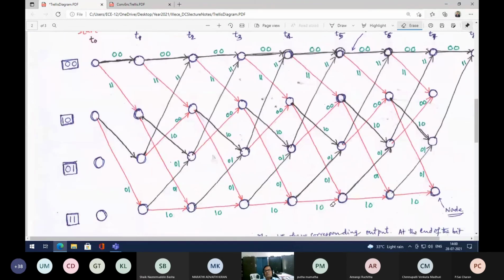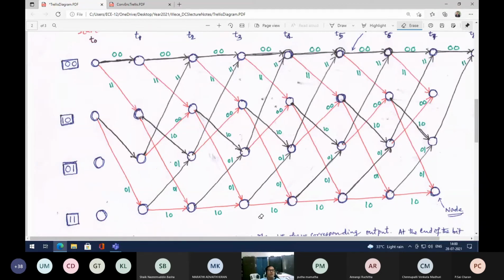This is a very crucial point to understand. In order to go for a decoder, we use the maximum likelihood decoder. So the maximum likelihood decoder will be possible only when we are trying to match the very closest possible code word, which is very close to the received sequence.